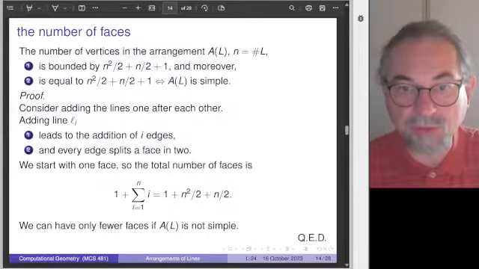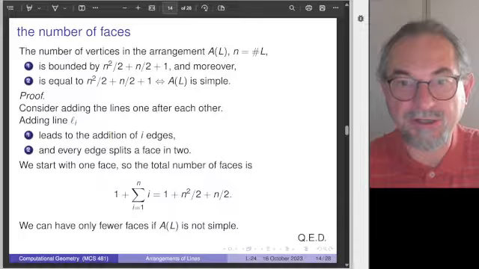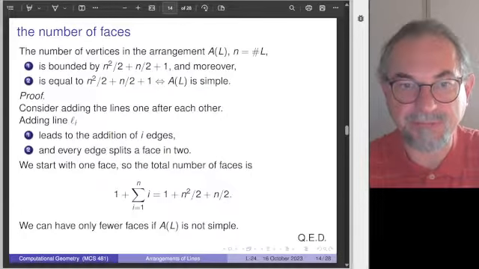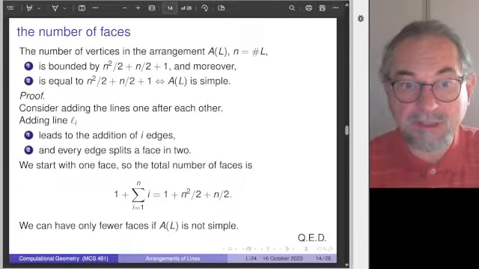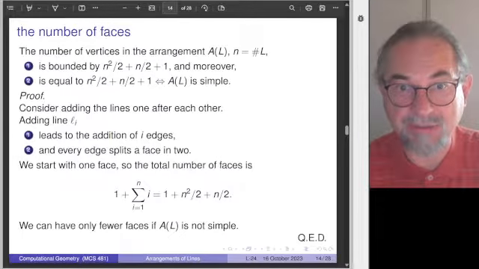So we have the total number of faces for which we find the exact geometric sum. Everything is based on the number of edges here.